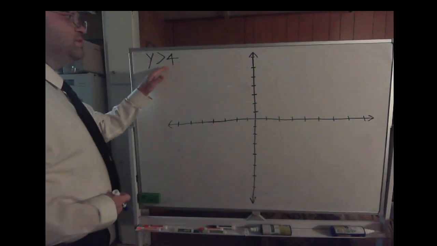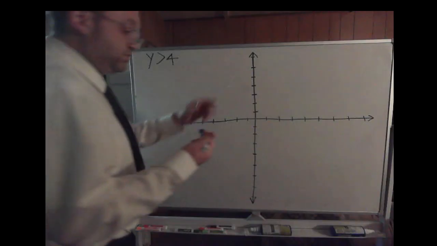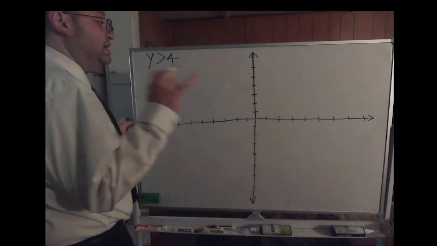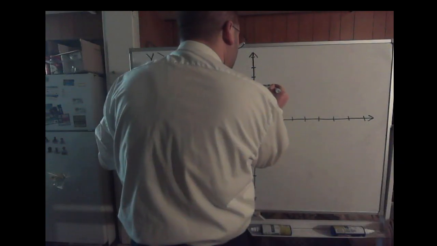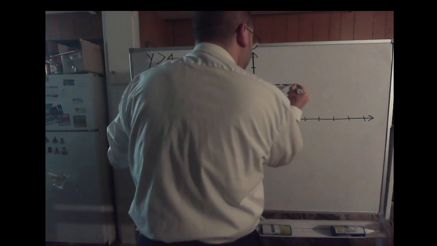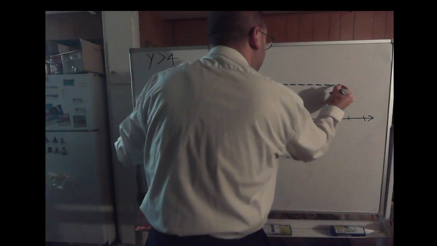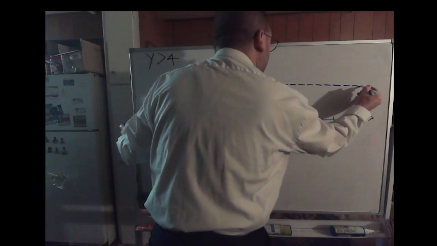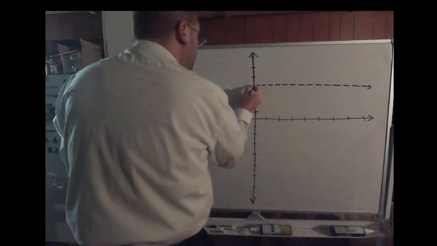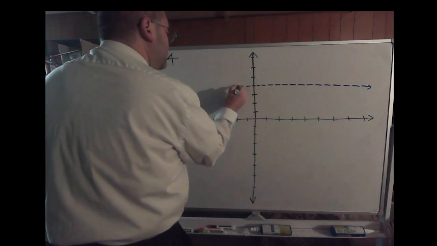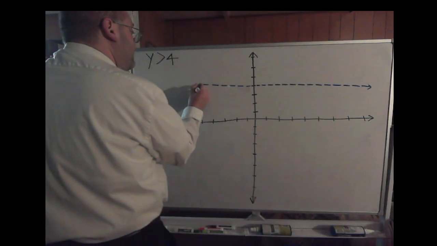So if it's just greater than or less than, you're going to go to where y equals 4, but this time you're going to draw a dotted line through y equals 4. The reason why it's dotted is that it means you're not including 4 in the solution.